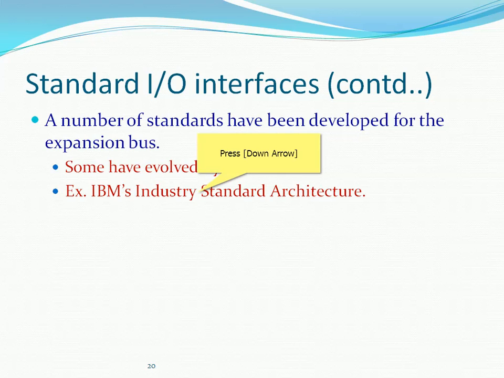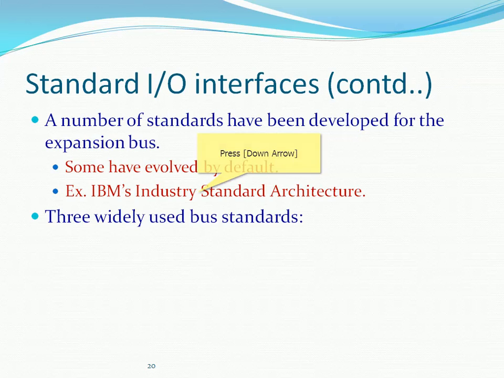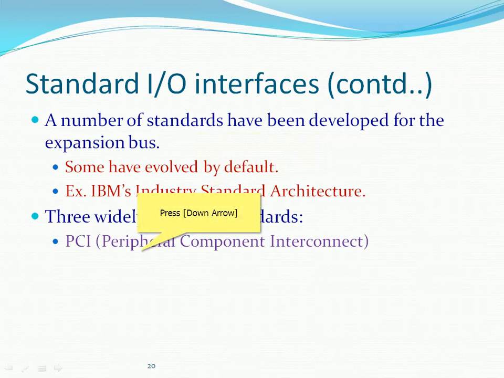Some have evolved to solve their own applications, such as in the IBM industry. They developed the Industry Standard Architecture, called ISA. So they have their own expansion bus standard, but it may look non-uniform to the users. The other dominant expansion bus standards are PCI, Peripheral Component Interconnect, to connect the various IO devices to the processor.